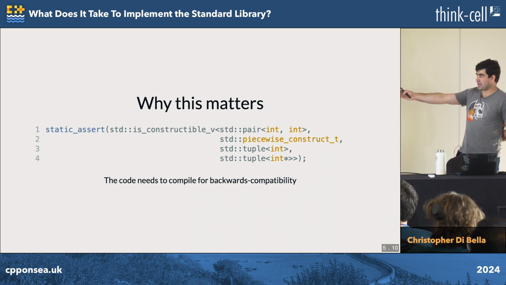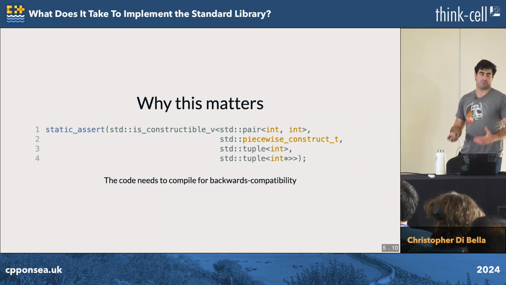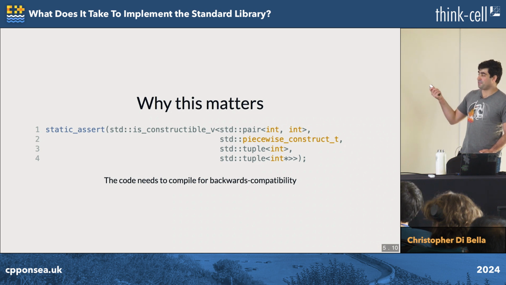So this is one such example where this should return false, but it returns true based on the wording from the standard. And so unfortunately, if you use Constraints here, so if you use a requires clause instead of a static_assert, this will return false and some programs may break. So we need to follow these things very strictly.